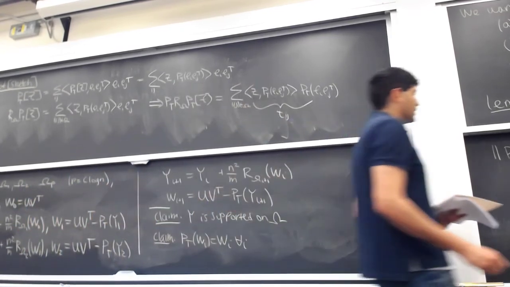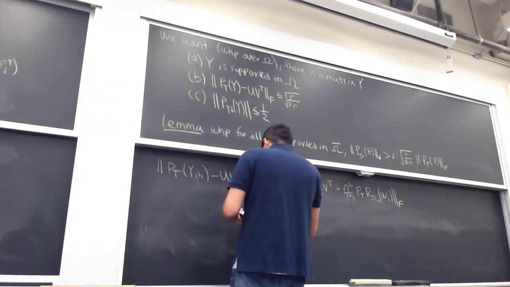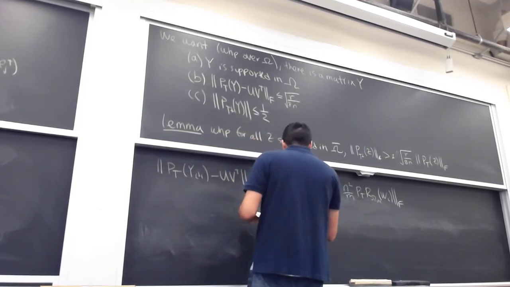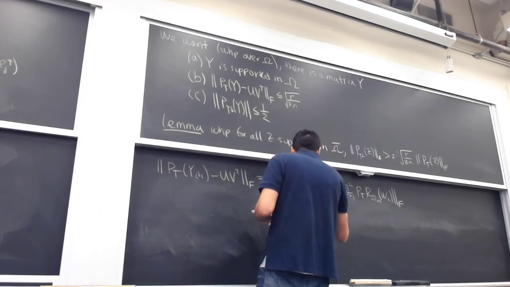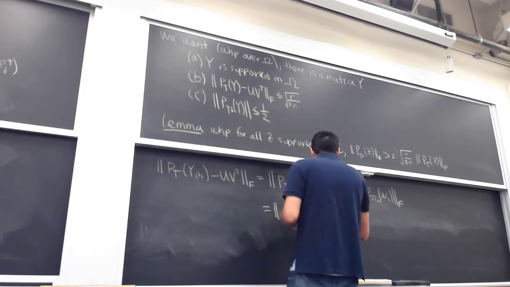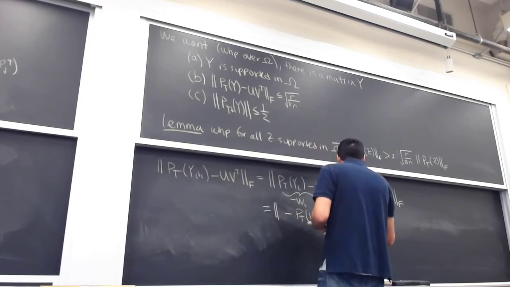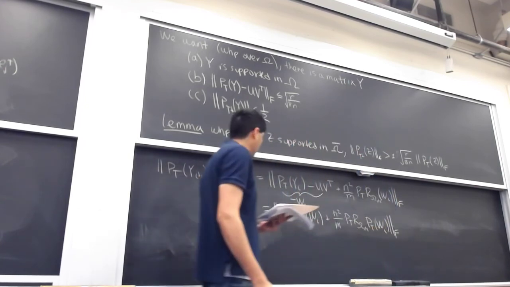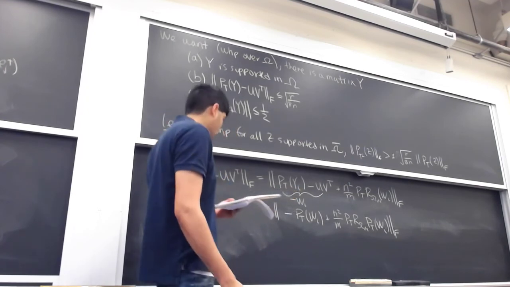So this is good, because what this means now is that this entire quantity is equal to, sorry, this should be minus W_i, so this is minus PT of W_i and plus n squared over m PT R_{omega_{i+1}} PT of W_i. Right? It's just writing this out.